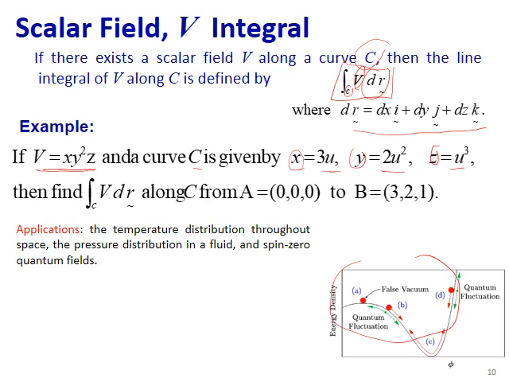He asks you to find the line integral of this scalar along the curve C at these points A, B. He gave you 2 points A, B. Here it means x, y, z are 0, 0, 0. Here x is 3, y is 2, z is 1. Now let's see how we solve these types of problems.